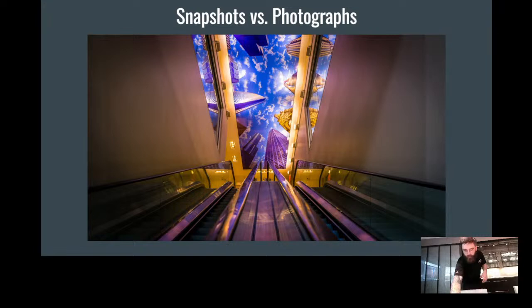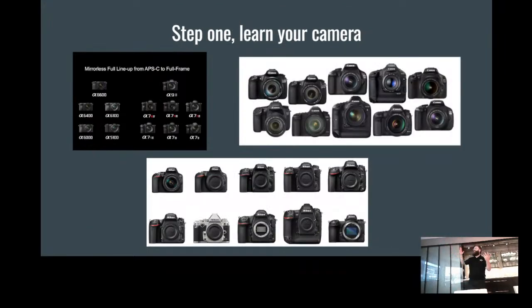So, step one, as we talked about last week for a refresh, learn the camera. There are so many different models. I made this slide like a year ago, and to just give you some context, Nikon has about 5 new cameras, Canon has about 3 new cameras, and Sony probably has about 7 brand new cameras since then.